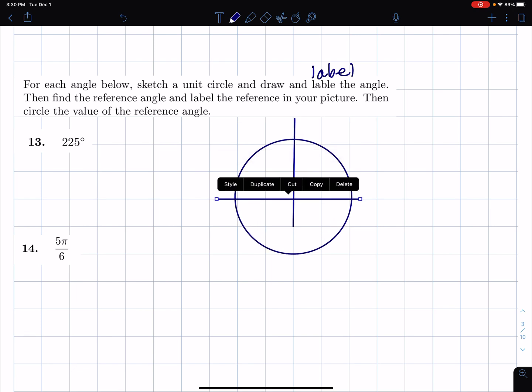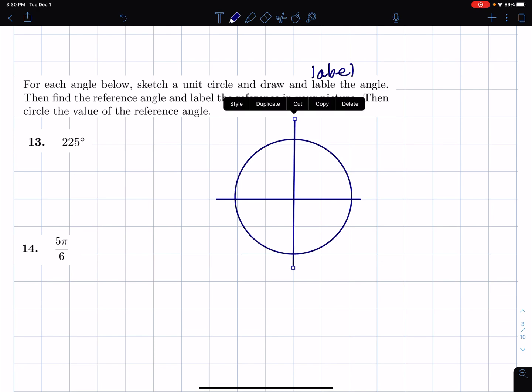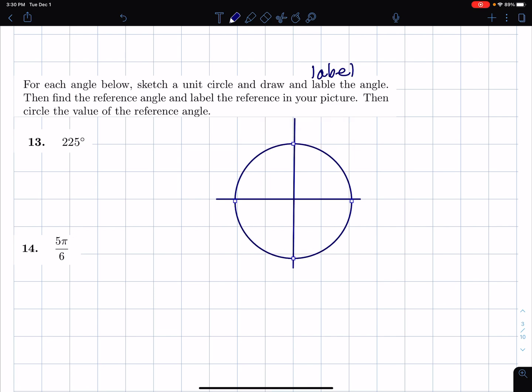Okay, so on the circle, here's 0 degrees, which I should put over here. Here's x and here's y, and at the top is 90 degrees, and I have 180 degrees as indicated, and here's 270.